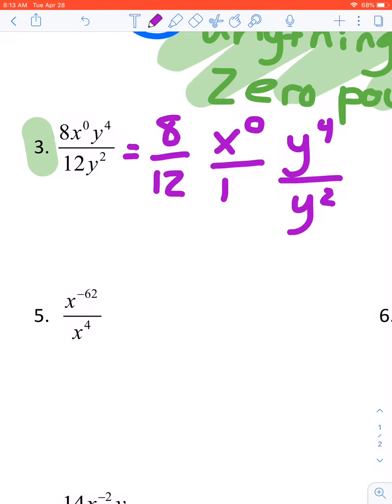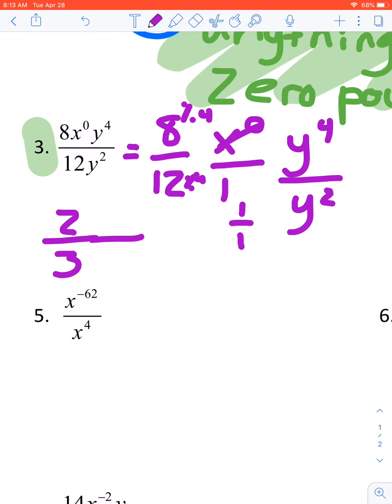So I separate everything that looks alike. What goes into 8 and 12? Well, 4 does, so I'm going to divide by 4, and I get 2/3 as my number. X to the 0, well, that goes away to 1, so that's like 1 over 1, so that just goes away.